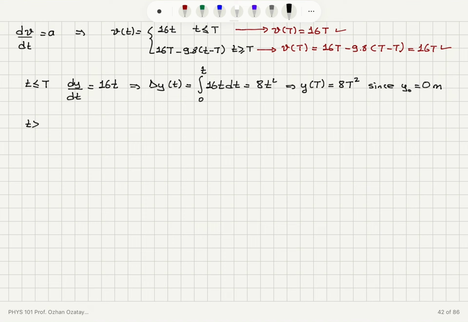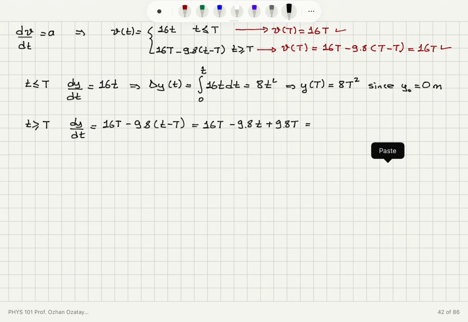For t greater or equal to T, dy/dt is equal to 16T minus 9.8 times (t minus T). So this is 16T minus 9.8t plus 9.8T.